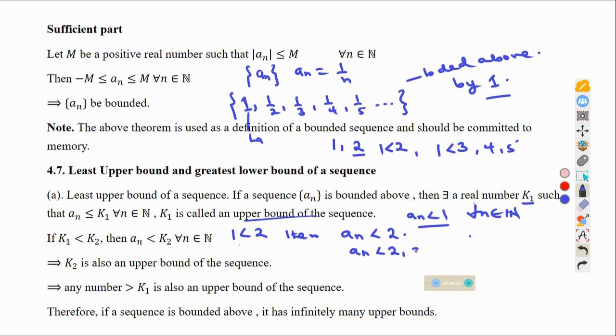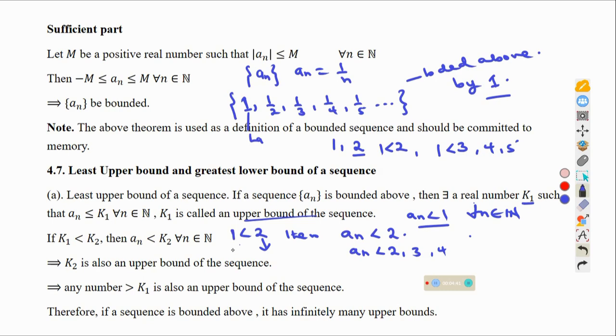All the terms will be less than 3, all the terms will be less than 4, because 2, 3, and 4 are already greater than 1, and all the terms here are less than or equal to 1. So in such a scenario, we shall also say that 2 is an upper bound.